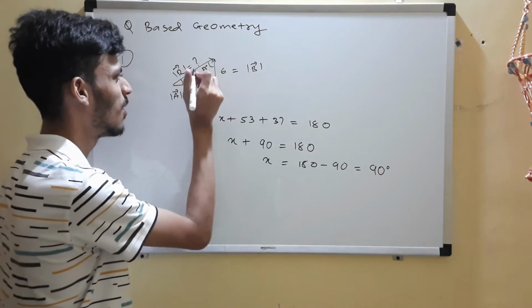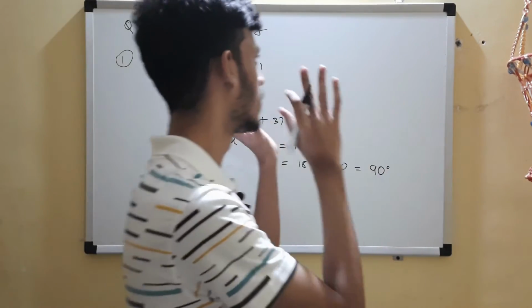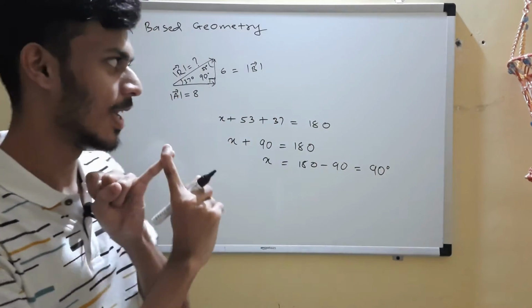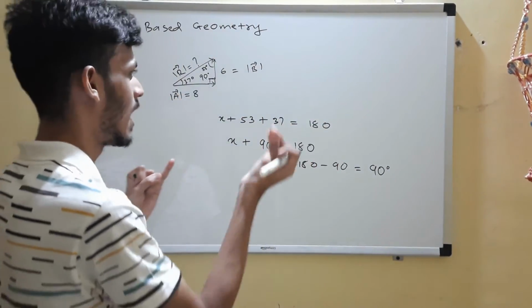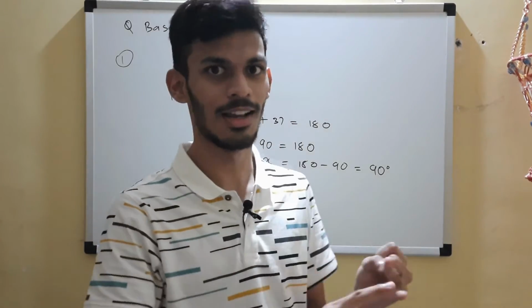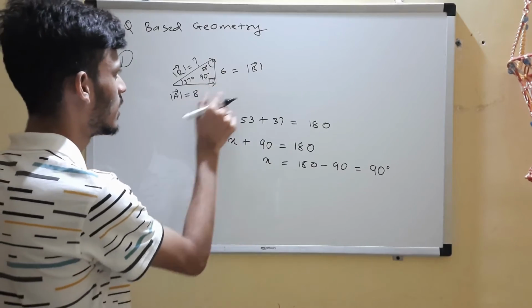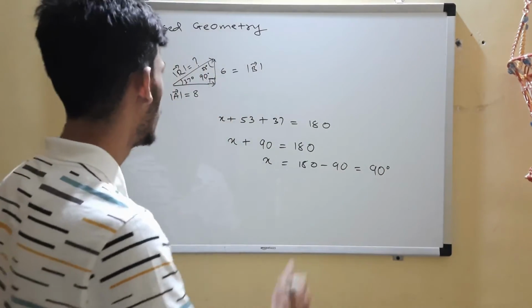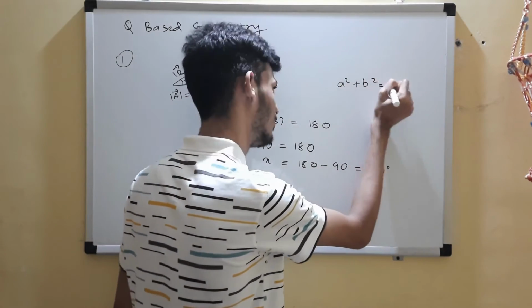So now, can you find it? Problems based on geometry will mostly deal with Pythagoras theorem. So you have to look out for the Pythagoras theorem and some logic of your triangle and parallelogram law. This was 90 degrees, so 6, 8, 10 if you remember the triplets, or if you don't remember, a square plus b square equals c square.